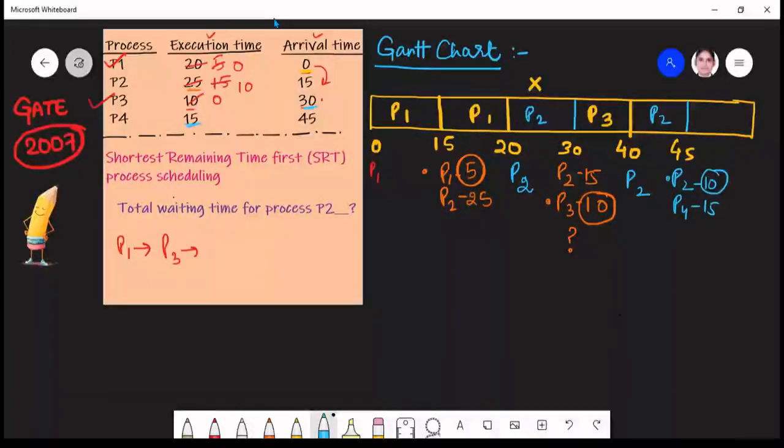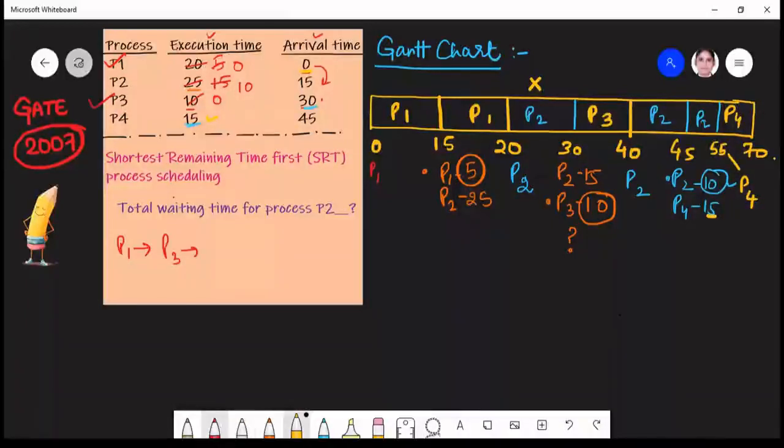So P2 is again going to stay in the CPU and run for the next 10 milliseconds. So 45 plus 10 is 55. And finally, at the 55th millisecond, we only have P4 with us, and P4 is going to execute for the next 15 milliseconds. So 55 plus 15, that is 70.